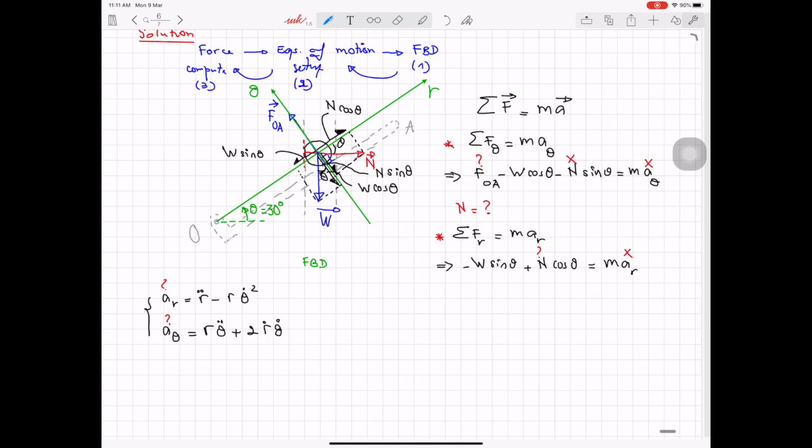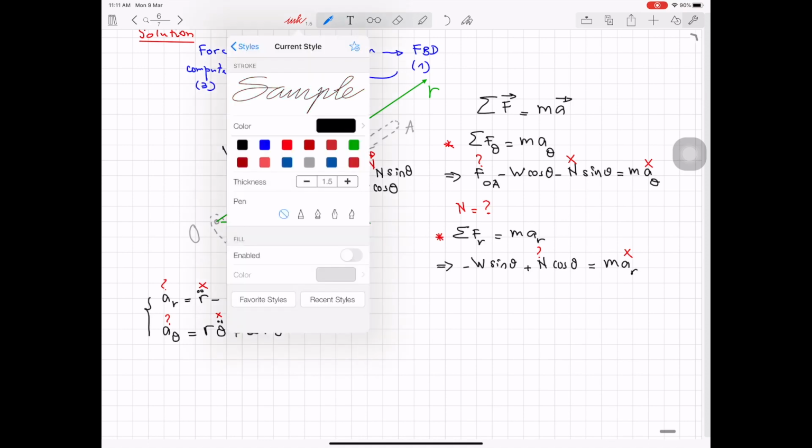I don't have r double dot, I don't have r, and I don't have theta double dot, the angular acceleration, and I don't have r dot, which is the component of the velocity in the radial axis. So I need to first find r as a function of theta.